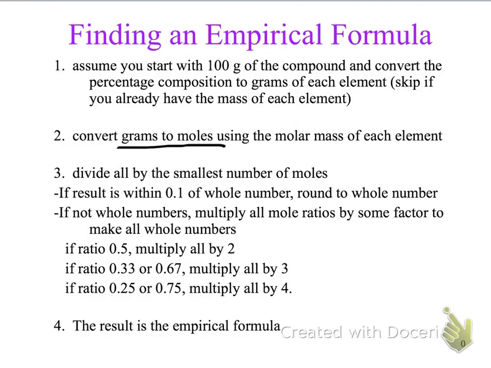So, for instance, if there's a ratio that is 0.5, you would multiply all of them by 2. If there's a ratio of 0.33 or 0.67, multiply all of the ratios by 3. Or if you've got a 0.25 or 0.75, multiply everything by 4. And finally, the result of that is the empirical formula.